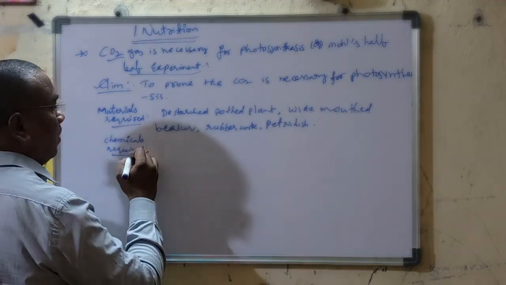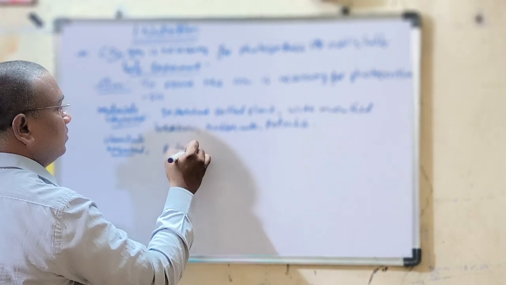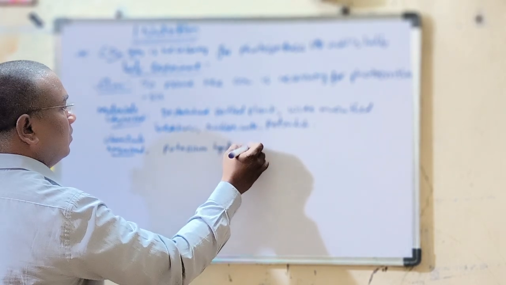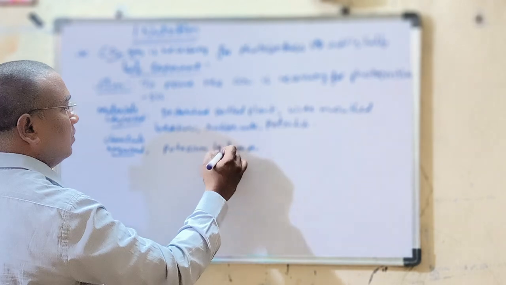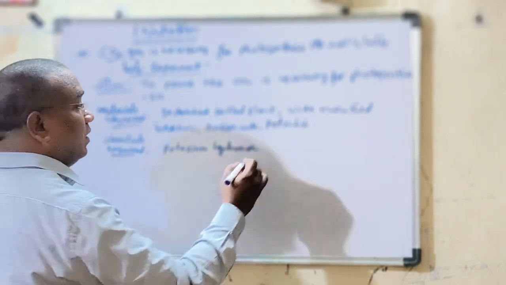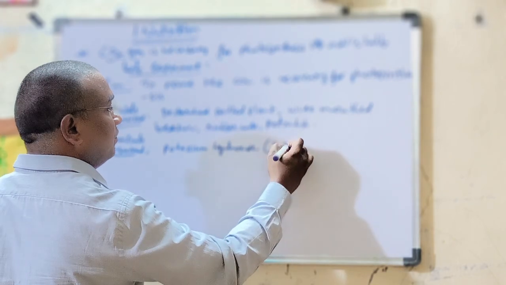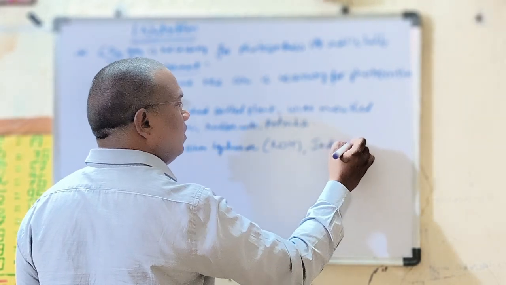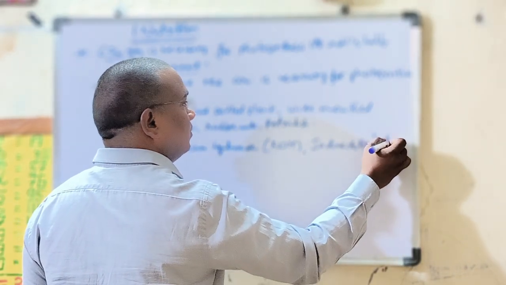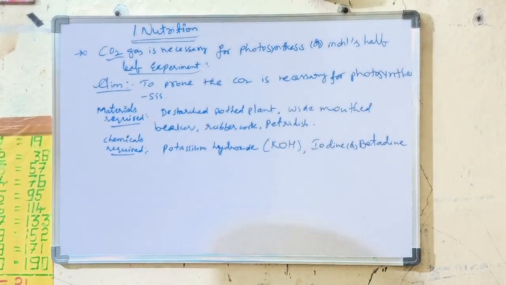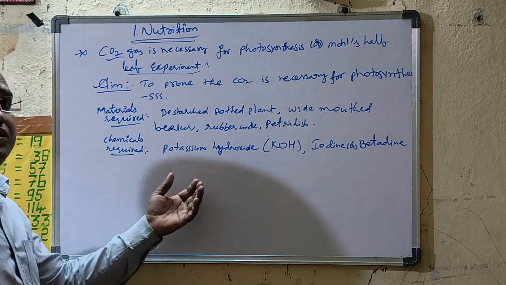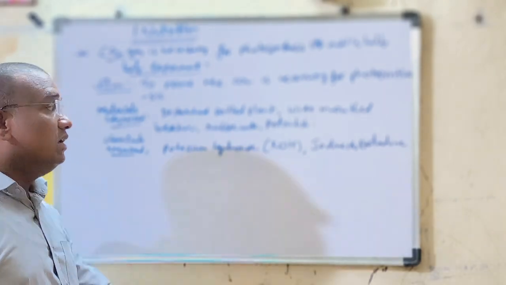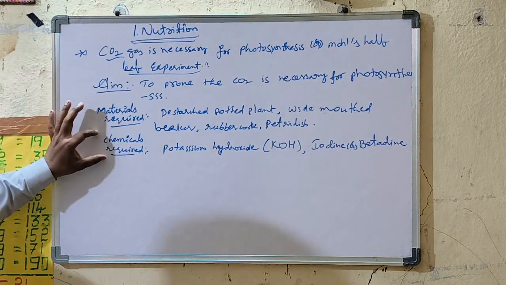We need potassium hydroxide, whose chemical formula is KOH, and iodine or betadine. These are the only chemicals we write in the chemicals required.